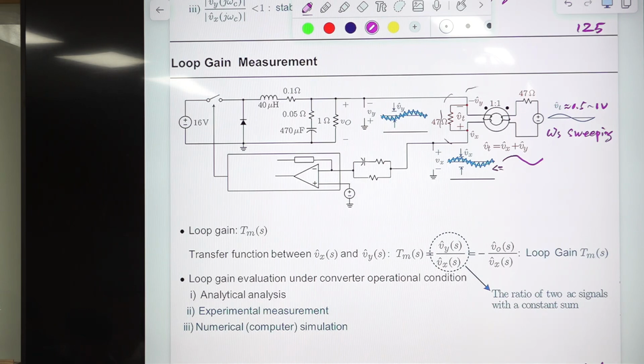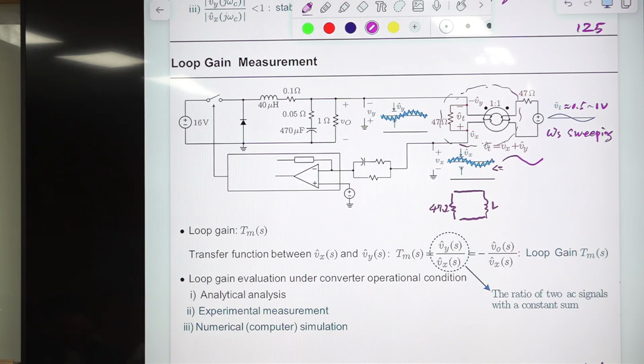So this part is the conceptual one, okay? Then the equivalent circuit has this resistor, 47 ohm or smaller than that usually. Let's use 47 here.